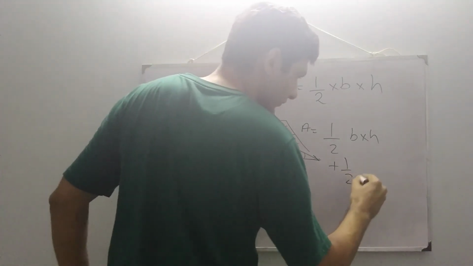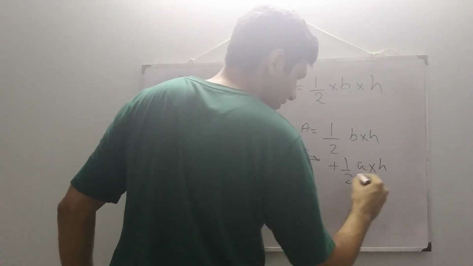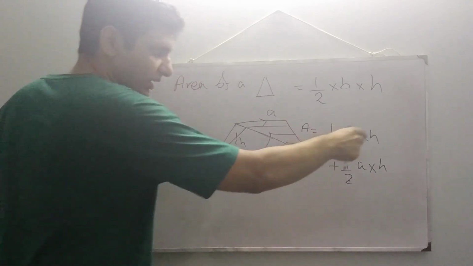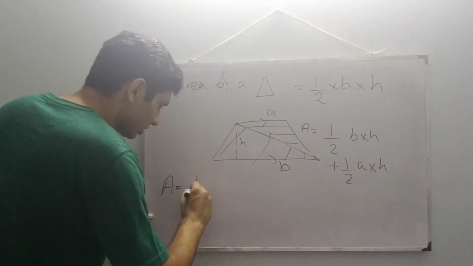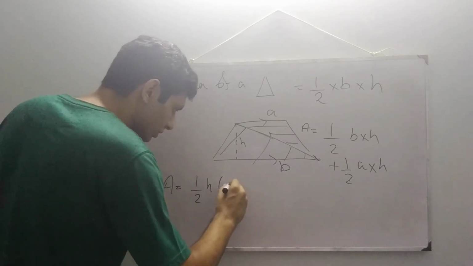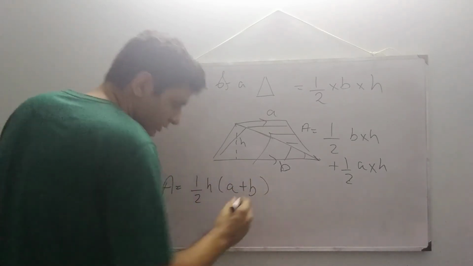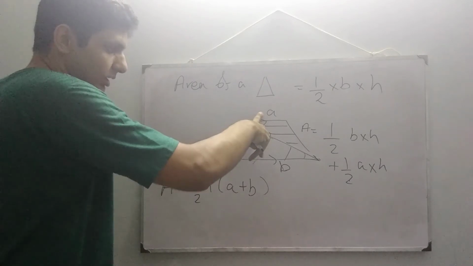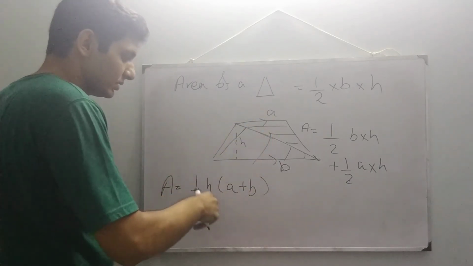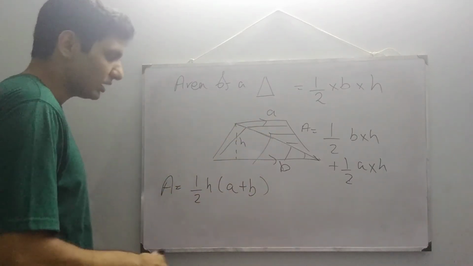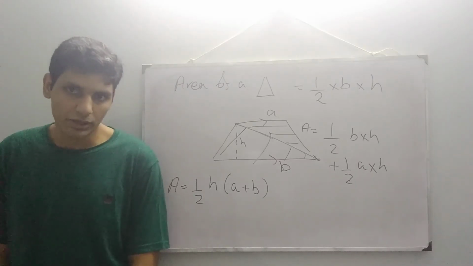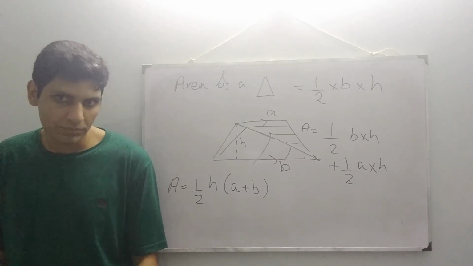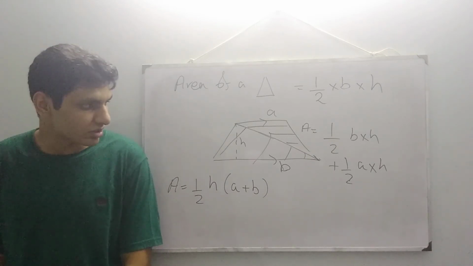Again, I could take H by 2 common, and I could write it down as half H times A plus B. So the area for a trapezium is the sum of the parallel sides times the height times the half. From triangles you can even get the area of a circle, but that gets a bit complicated. So I'll just leave it at that.